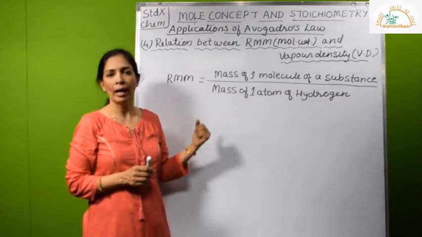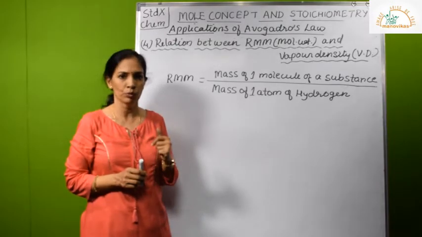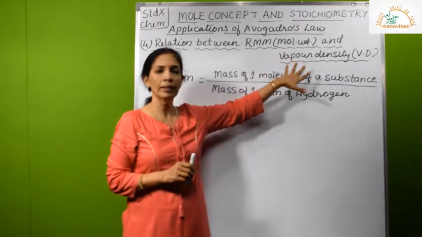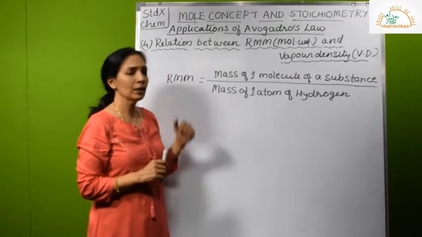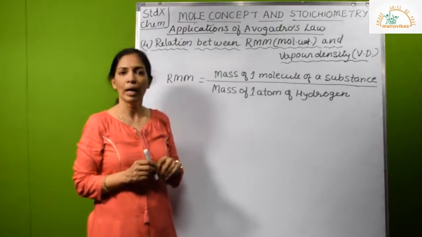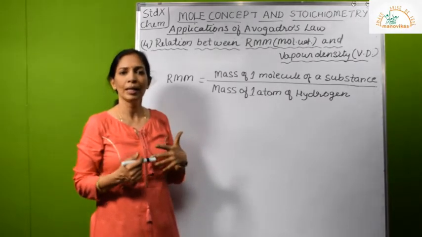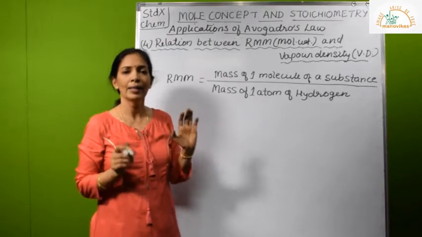One with respect to hydrogen and another with respect to 1/12 of an atom of carbon-12. Here we are using hydrogen because we are finding vapor density with respect to hydrogen gas. So what is relative molecular mass with respect to hydrogen? How many times one molecule of a substance is heavier than one atom of hydrogen taken as unity.